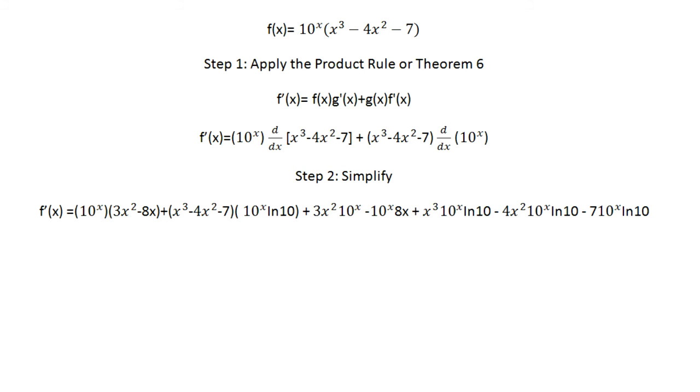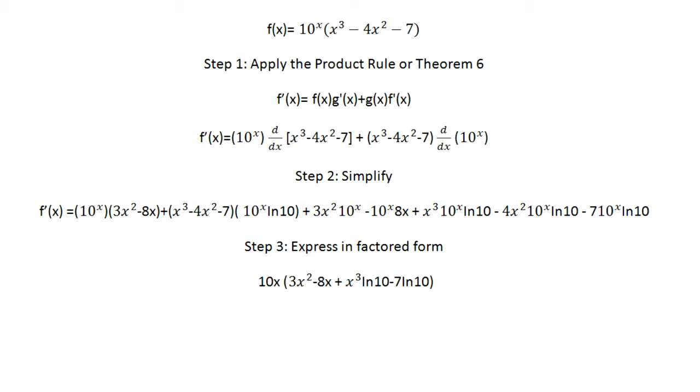Then we have f of x, 10 raised to x, multiplied by the derivative of g of x, which is 3x squared minus 8x, plus the function of g of x, which is x cubed minus 4x squared minus 7, multiplied by the derivative of f of x, which is 10 raised to x ln 10.